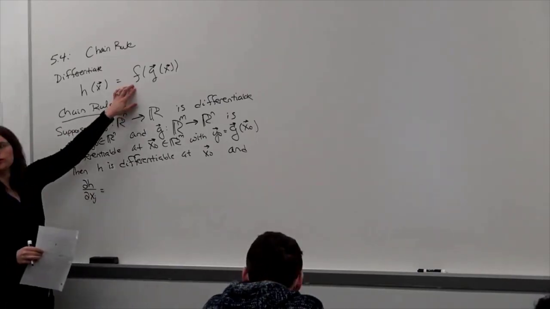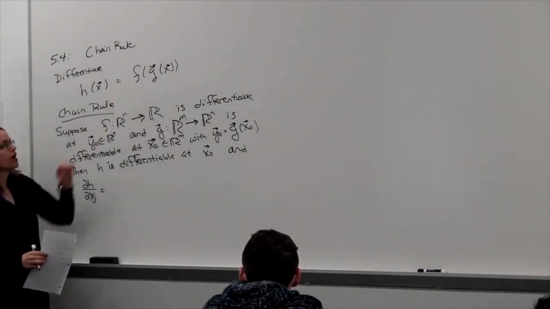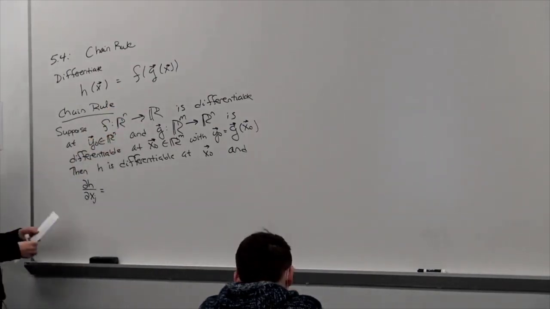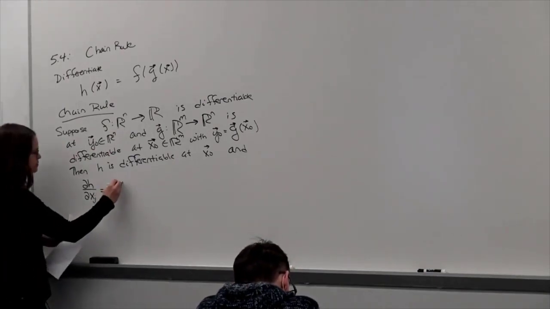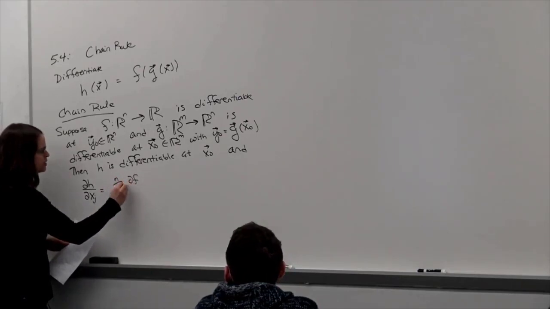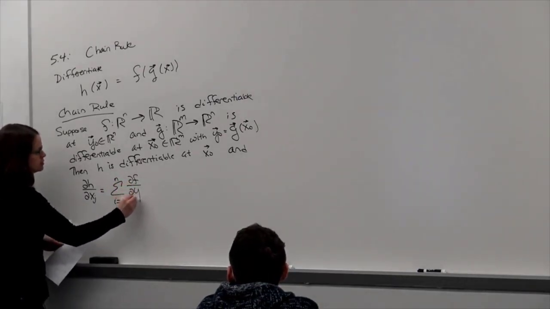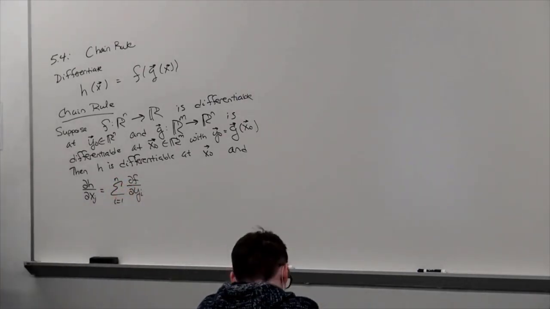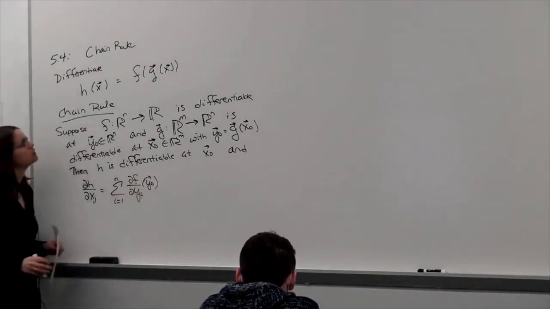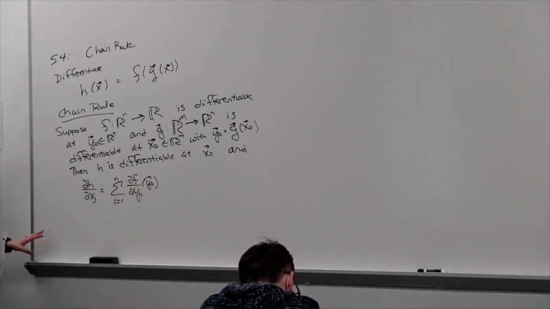now what do we have to do? We're going to have to take the different partial derivatives of f with respect to all of these different inputs. So with respect to all of these y's. So df by dy, evaluated at the point y naught. And then derivative of the inner function.